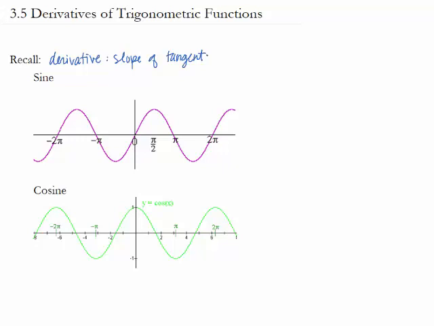For example, if you check out the derivative of sine right here at negative 3 pi over 2, the tangent line is horizontal, meaning that the slope of the tangent here is 0. So the derivative has a value that is 0. Right here at negative pi, the derivative is the slope of this tangent line, which is negative 1. It's again 0.